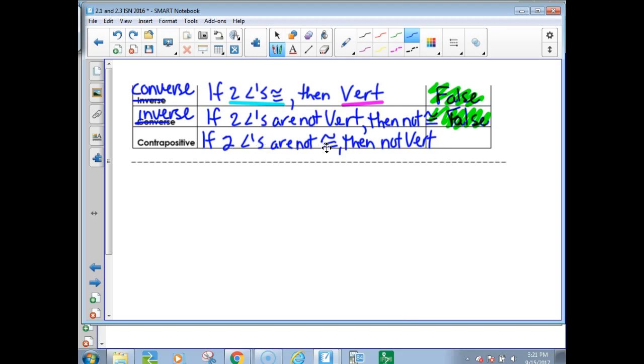If two angles are not congruent, then they're not vertical. That is true because all vertical angles are congruent. So it does match the original conditional statement in its truth value. So in your box, you could connect, if you want, the top one and the bottom one, and this is connected.